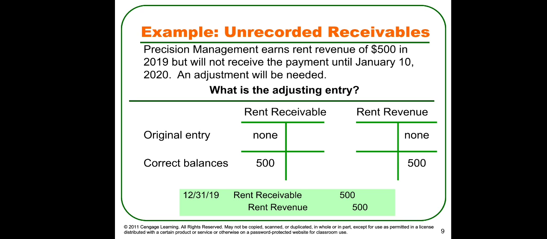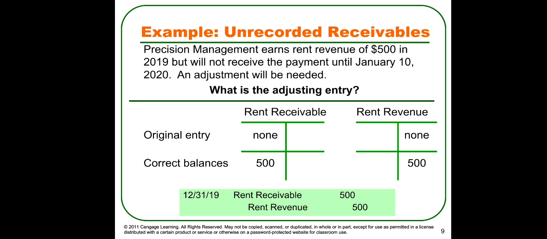Why? Because remember the thing that we have seen in the previous slide, in accounting, you record revenue when the transaction happens, not when you receive cash. So the rental has happened in year 2019. So you have to record that revenue, rental revenue, in year 2019. So this kind of transaction, the adjusting entry is like this.